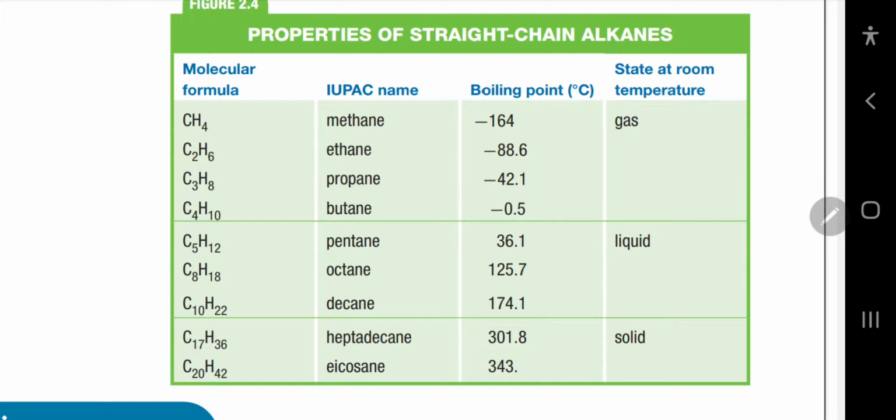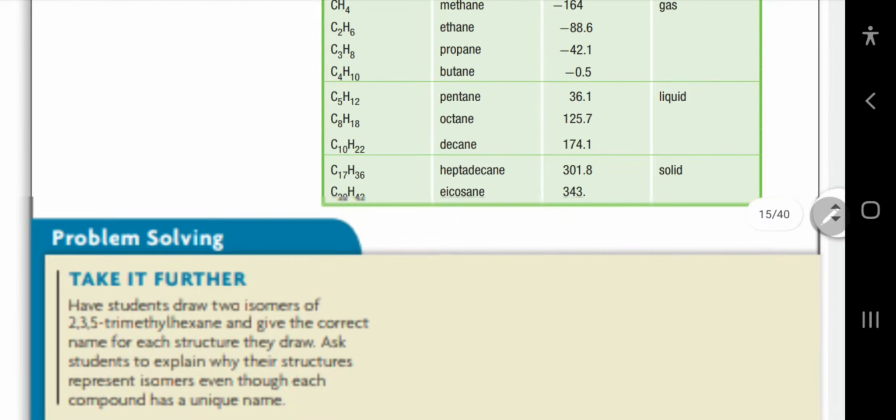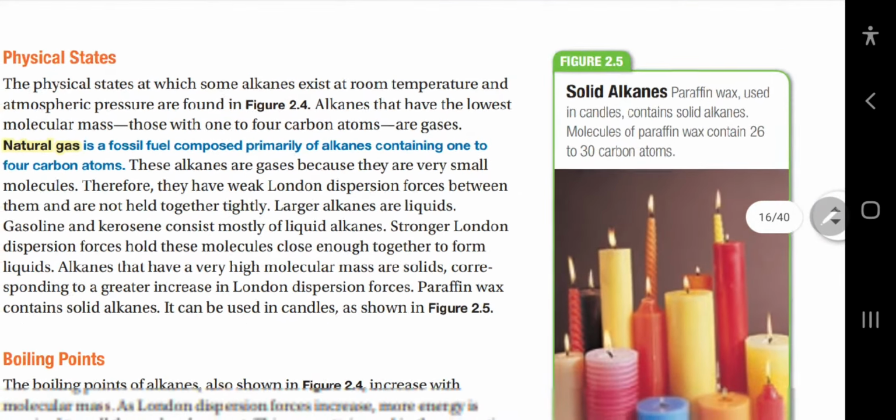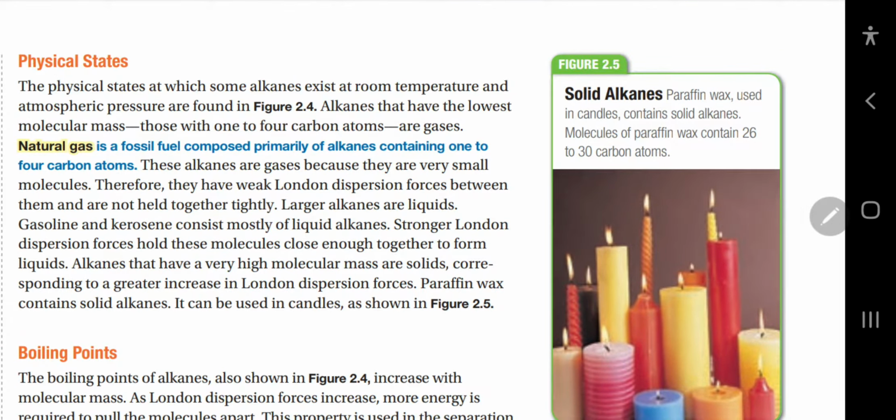So remember guys, the main factor that affects the physical state is the weak London dispersion forces inside the molecules. The first four compounds, which are methane, ethane, propane and butane, we call natural gas, which is a fossil fuel composed primarily of alkanes containing 1 to 4 carbon atoms.